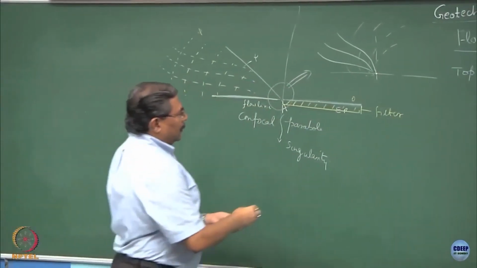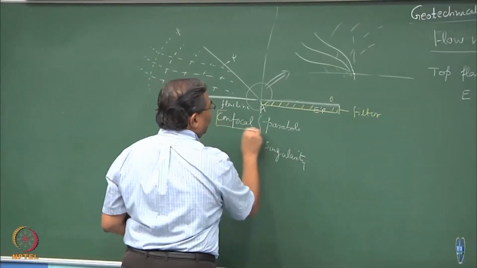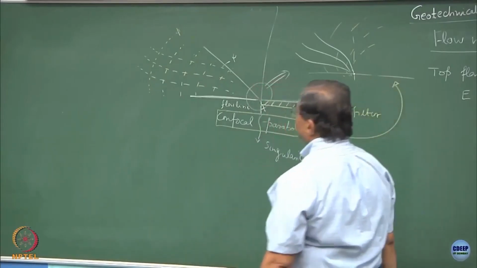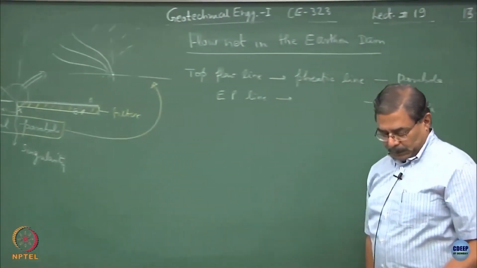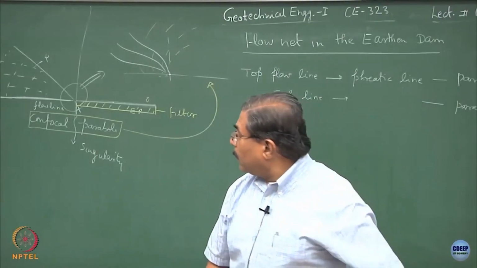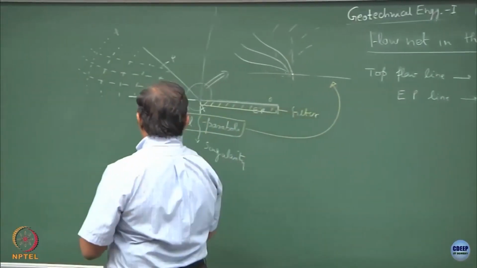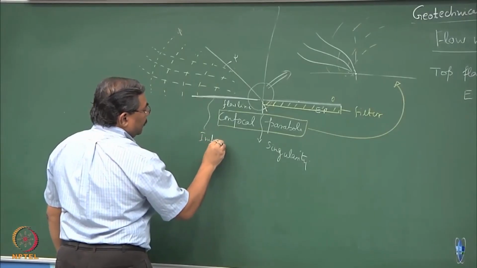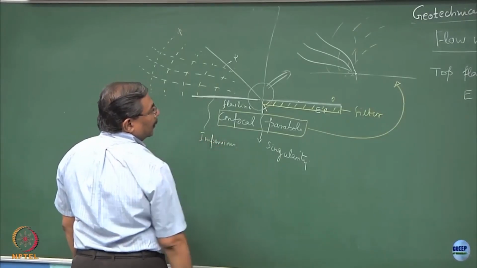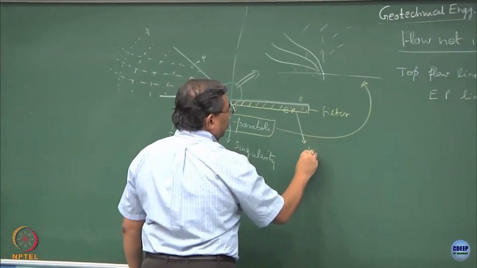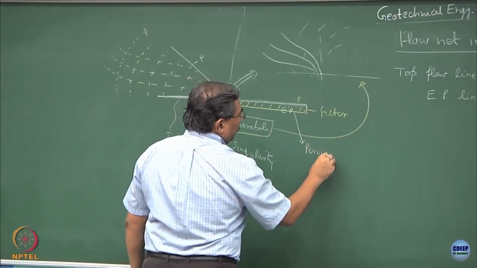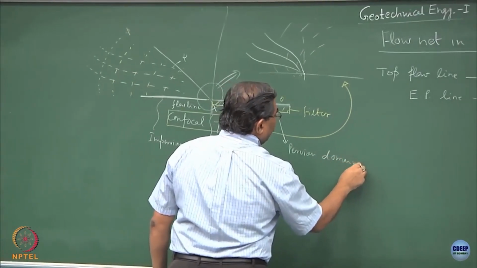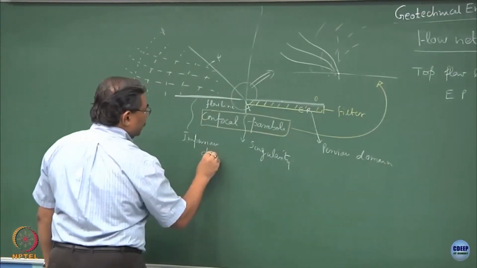This is what the representation of the confocal parabolae would be. You can also assume that this is impervious surface and this is the pervious. I will say this is the pervious domain, this is the impervious domain.